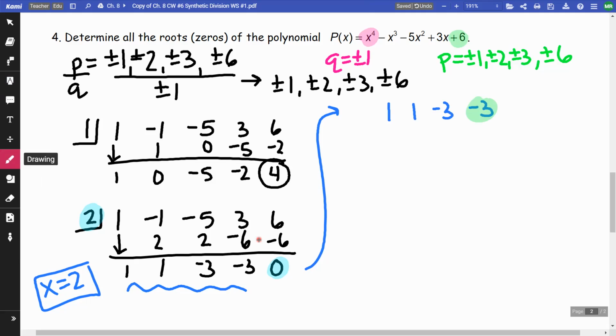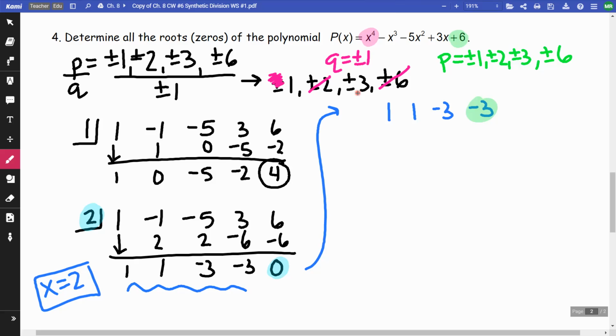Now what happens is I never add new ones on, but sometimes I can take some off. So I'm not going to have a plus or minus 6. I'm not going to have a plus or minus 2. The positive one I'd already tried and that didn't work. So if it didn't work before, it's not going to work again. So really I have a negative 1 to try, a positive 3, and a negative 3.